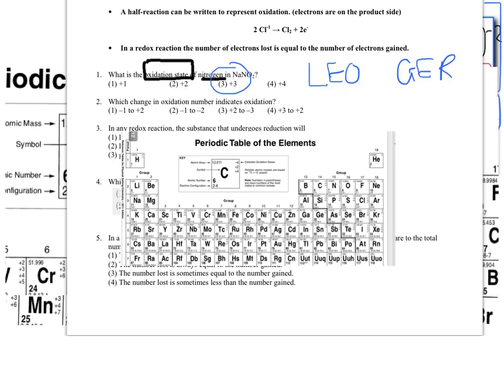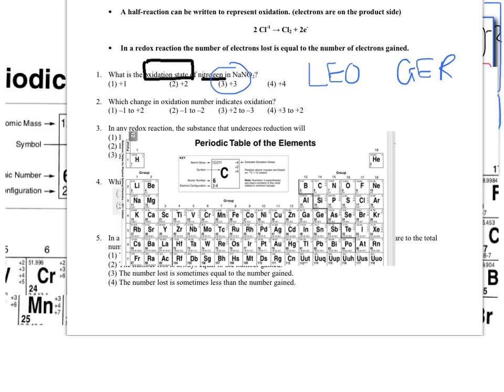The reason we say that gaining electrons is reduction is because something's reduced. That would be the oxidation number. So if in reduction the oxidation number goes down, then in oxidation the oxidation number must go up.